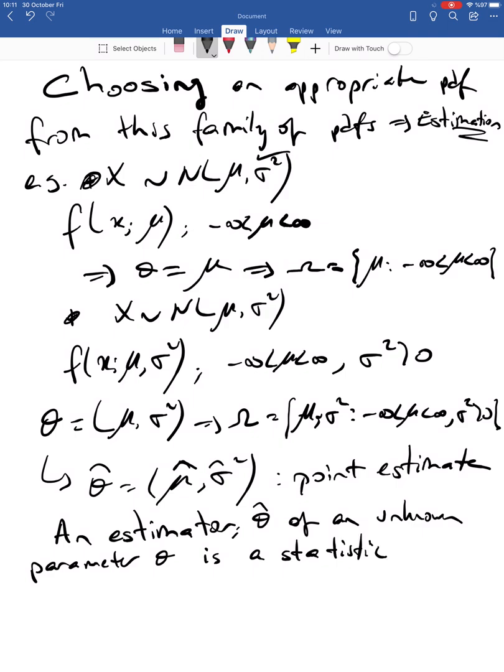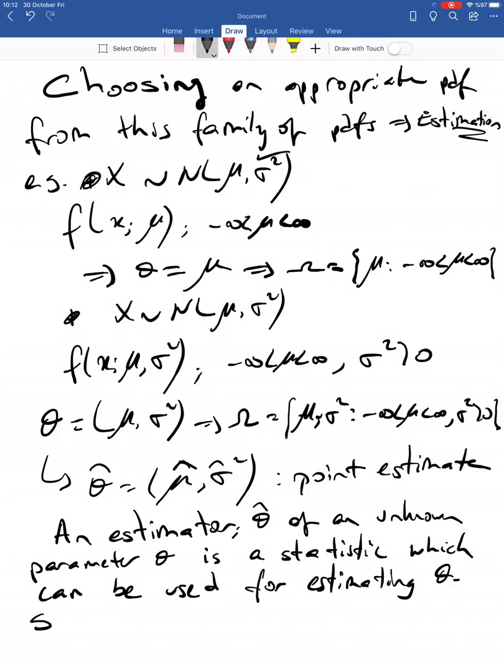So it does not have any unknown parameters, because we use it to estimate the unknown parameters, but its distribution may depend on unknown parameters, and it can be used for estimating theta.